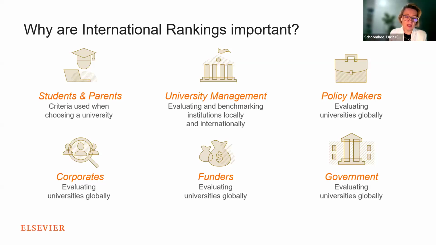Important researchers will take note, and funders will take note of the university. Whether we like rankings or not, whether we think they're fair or not, they are important and they do influence decisions outside of the university and inside the university.